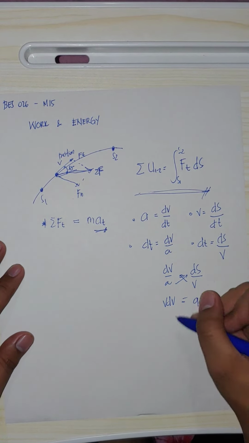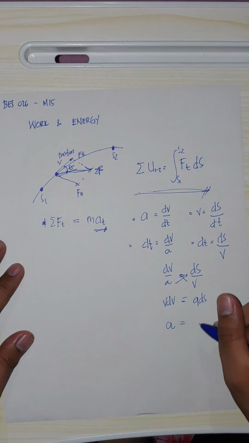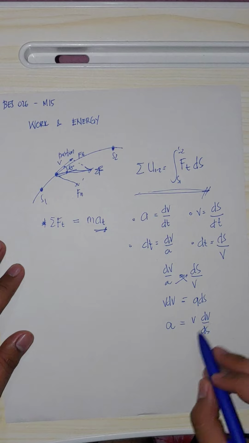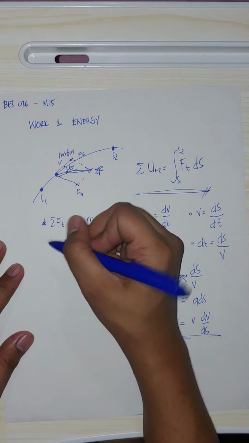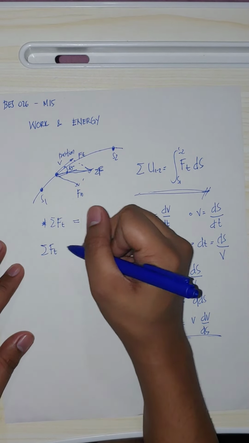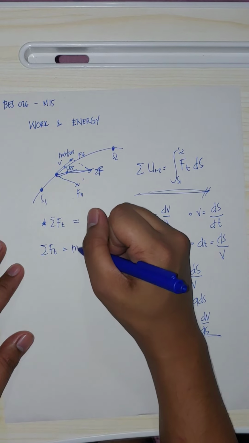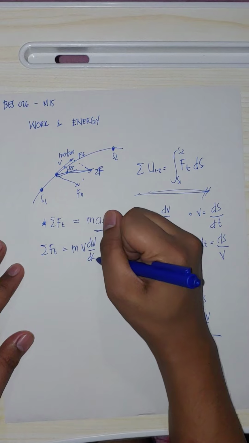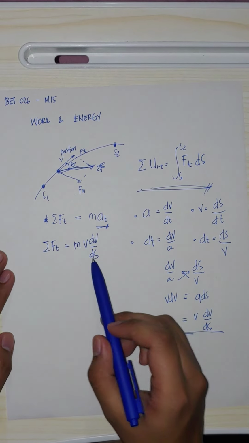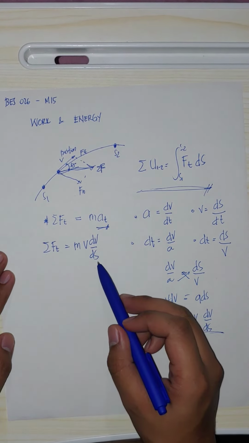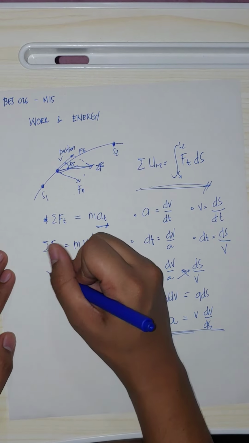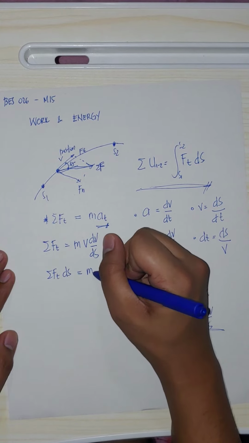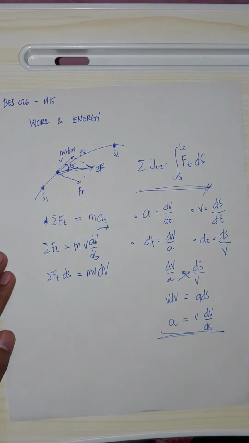So solving for the acceleration, we have a equals v dv over ds. If we substitute this, here we have the summation of the forces, t, is equal to mass times v dv over ds. If we cross ds to the left side, we have the summation of the total force ds is equal to mv dv.